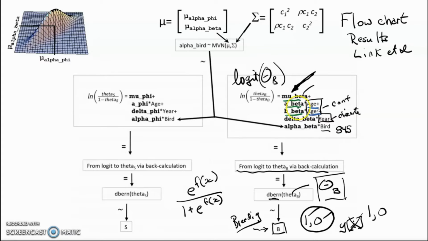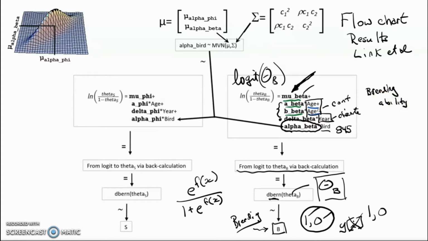So if you think about what these coefficients represent, those affect the slopes of the linear and quadratic. This is the effect of the 12 different years. And this alpha beta is really important because we can think of alpha beta as representing the breeding ability of the bird.